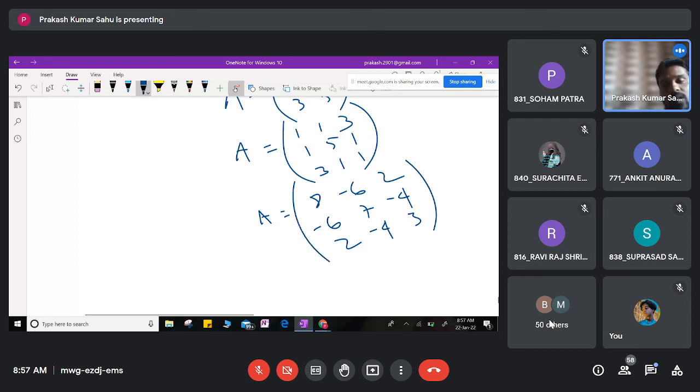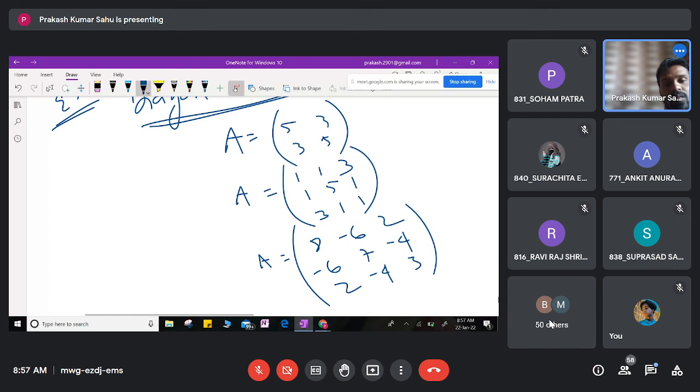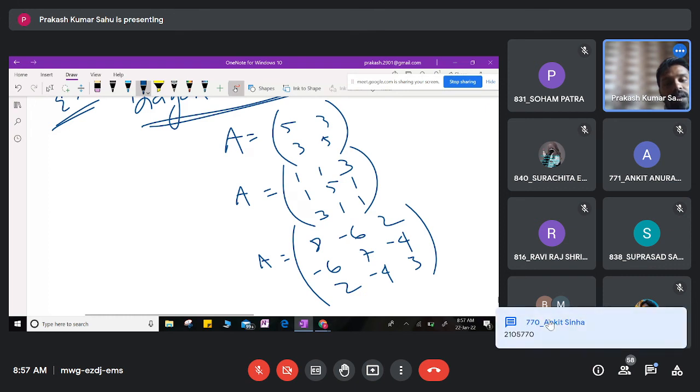Note these three matrices and diagonalize them. Have you written the question? Yes, sir.